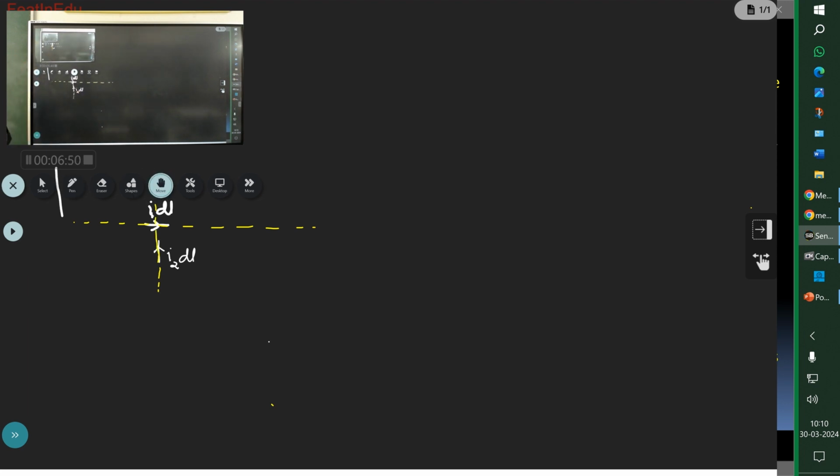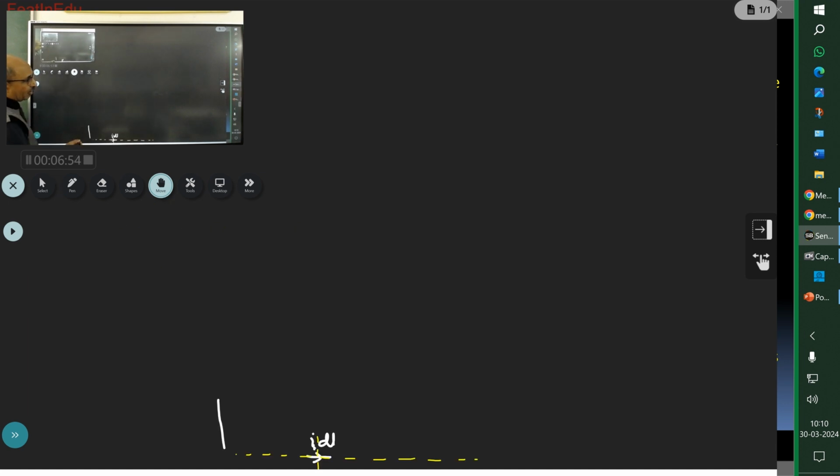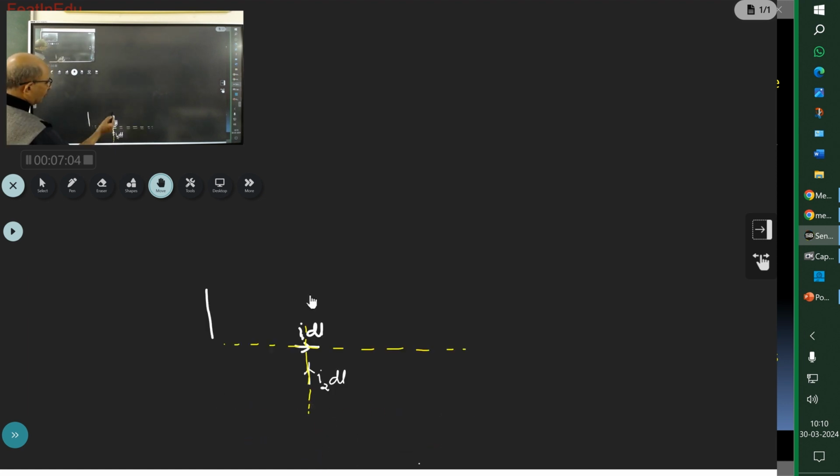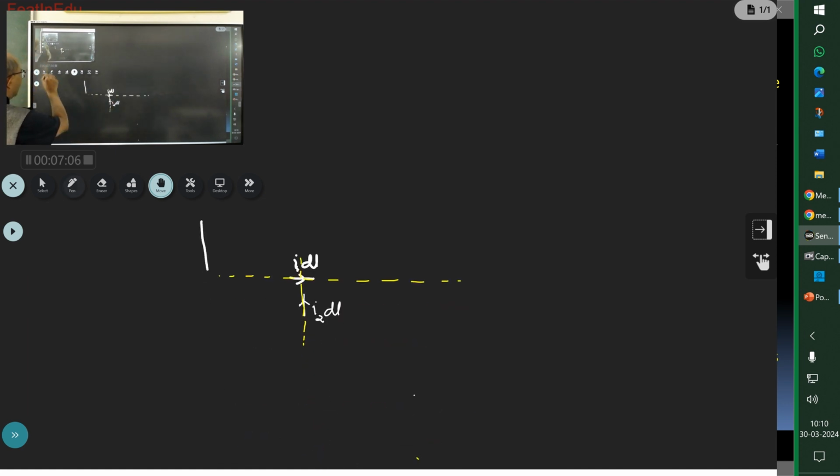Understood? So now understand here. Due to this current, the magnetic field due to this is present here.